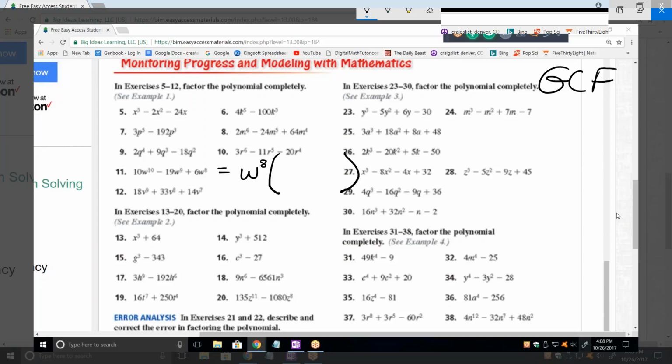What's left over when I take a W to the 8th out? So, 10W squared minus 19W, and then plus 6. Okay?